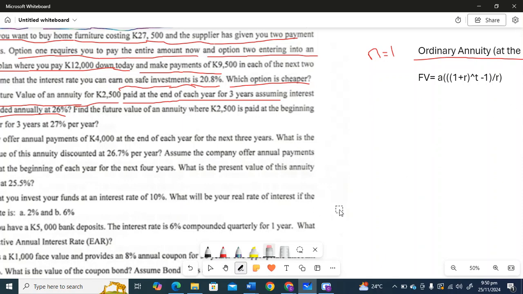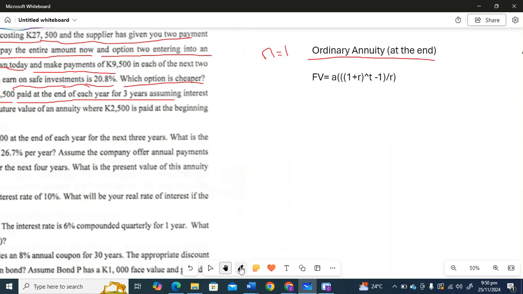In this formula, FV is the future value, the amount in the future. This A represents the same payment, the fixed payment. In this question, they said it's 2,500.